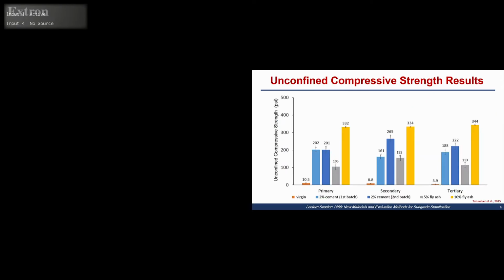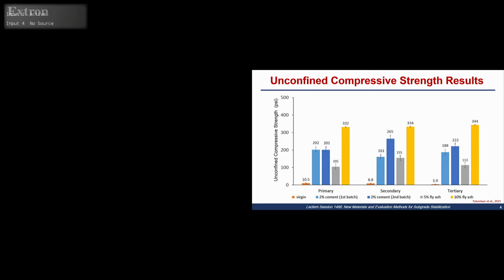So the motivation of my study is based on a preliminary study that was done before I even jumped in this project. It was a lab study to study the performance of this material, the compressive strength of this material. First of all, the virgin materials, just the quarry byproducts from different crushing stages, were collected from one quarry, and they were tested. These small orange bars here are the unconfined compressive strength of the unstabilized materials.